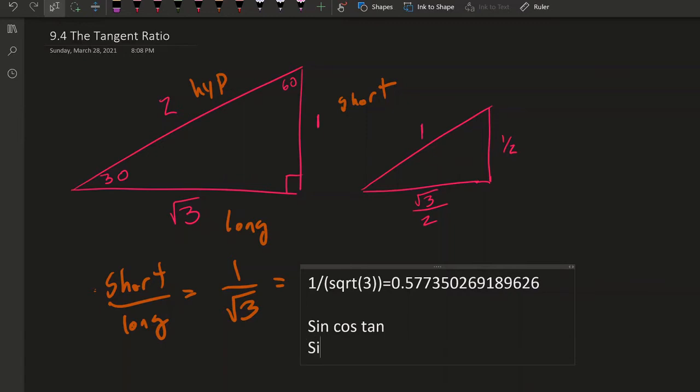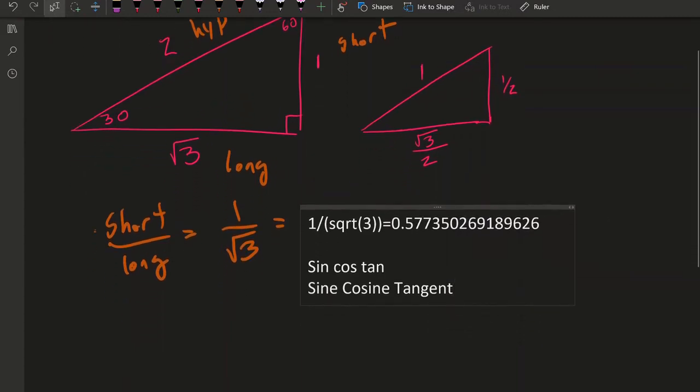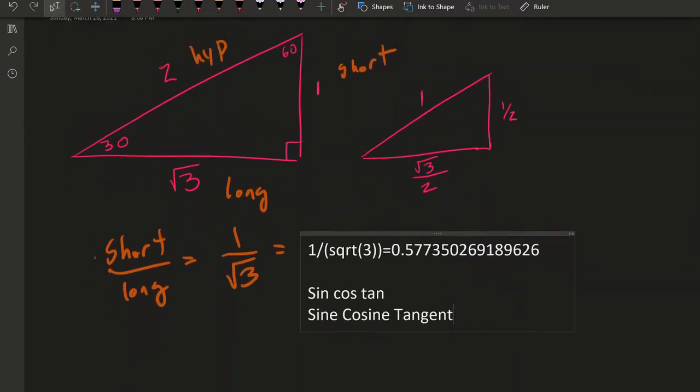Sine, cosine, and tangent are the 3 basic trigonometric ratios, and they are used for figuring out the relationship between 2 sides of a right triangle for any given angle, not just 30, 60, 90, or 45, 45, 90.